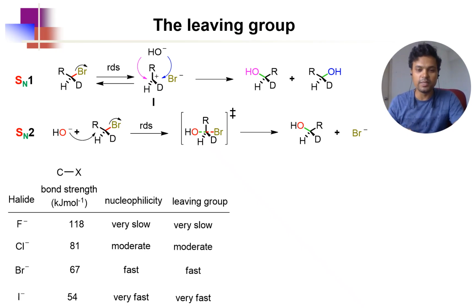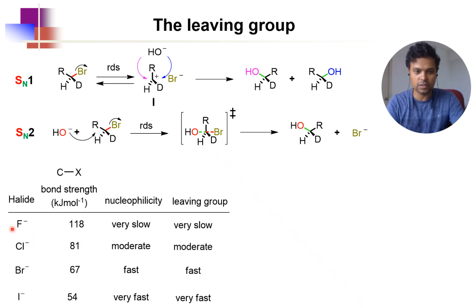You don't have to think of anything else, because if the bond is very strong, how can it automatically fall apart? That's very simple. If you take this example where X is fluorine, chlorine, bromine, iodine, these are the leaving groups, basically fluoride, chloride, bromide or iodide, and you can see the bond strength.